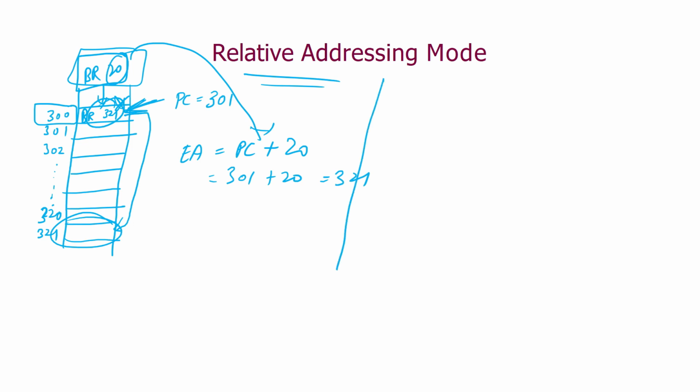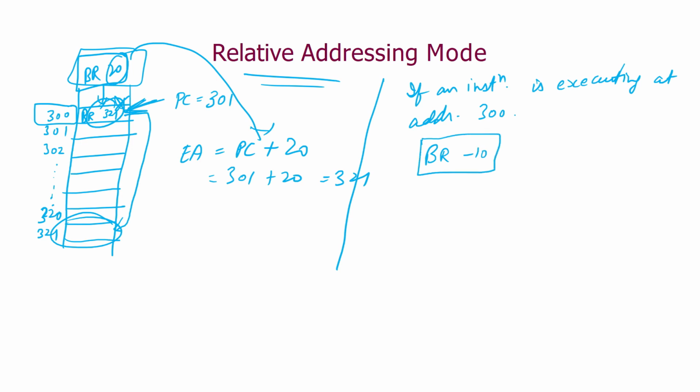Similarly, if an instruction is executing at address 300 and we use br minus 10, what will be the final address?